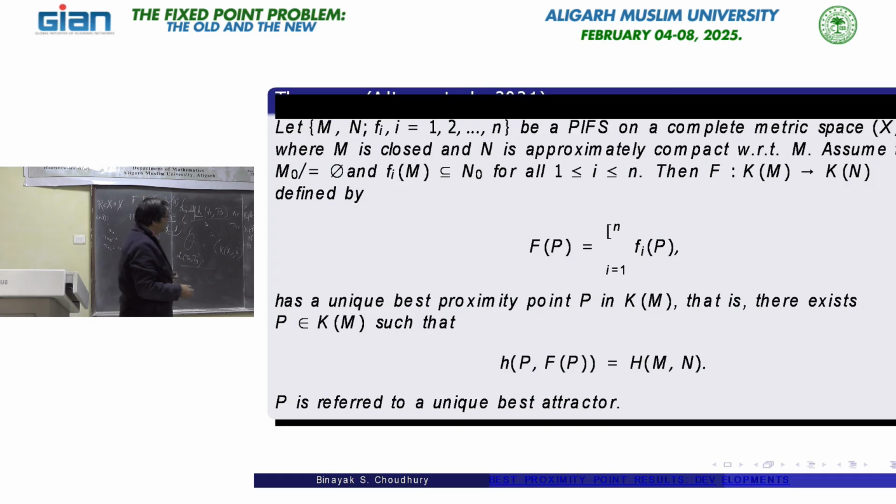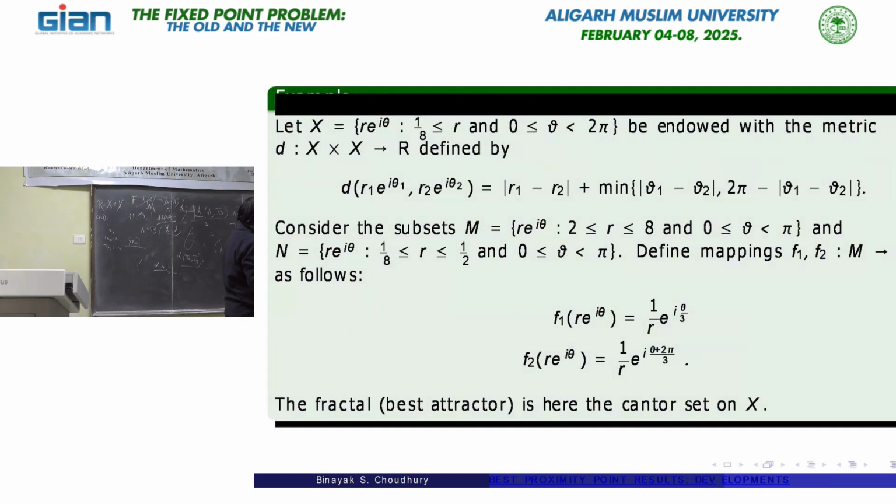What does it generate? If we go into the numerical study, this is R, that means 1 by 8 radius. With 1 by 8 radius, you take a circle. This one is this. And you have F1 this one and F2 is this one.